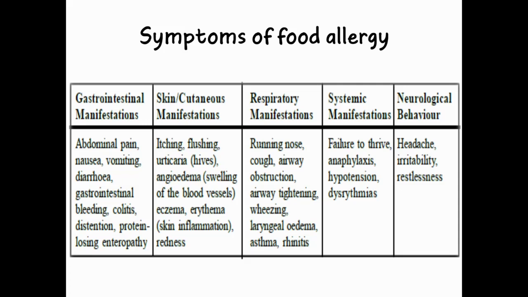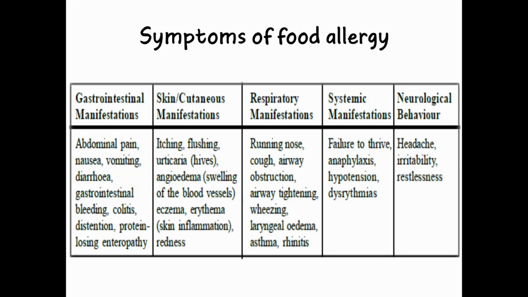Itching, flushing, urticaria, angioedema, swelling of the blood vessels, eczema, erythema, skin inflammation, redness. These occur faster, and you will get to know whether you have had an allergic reaction to something or not. So the symptoms are visibly faster.